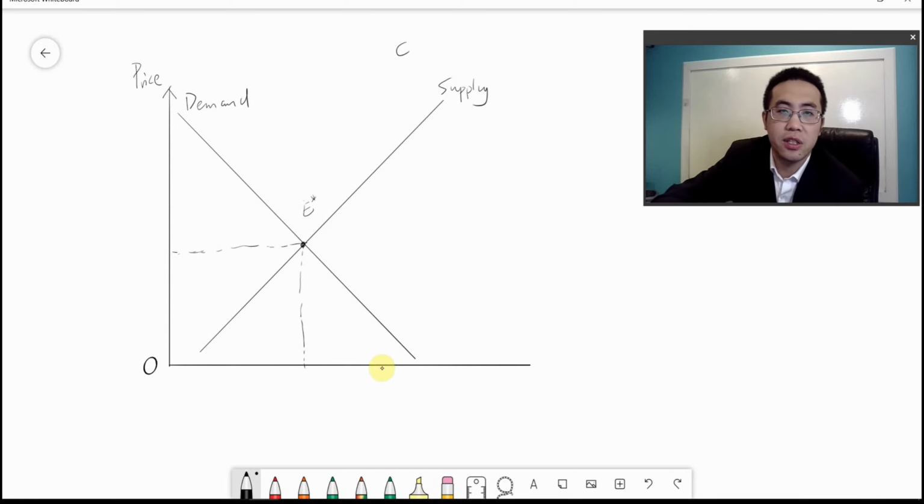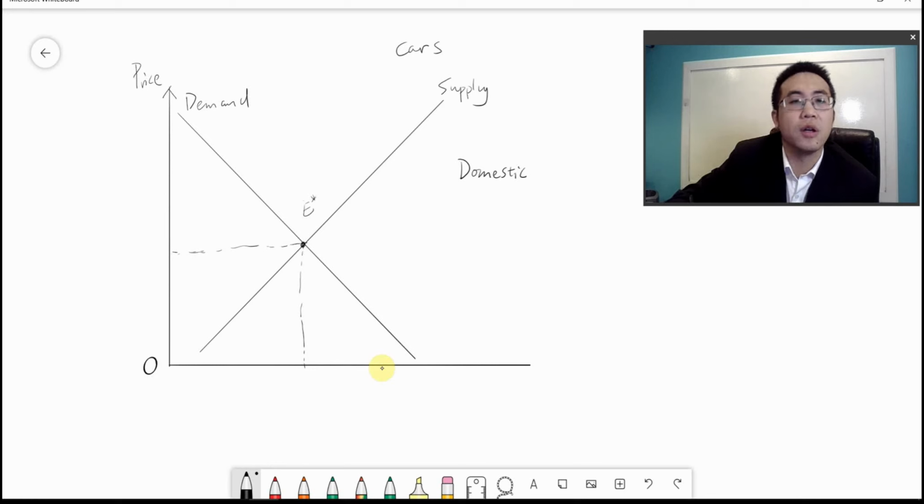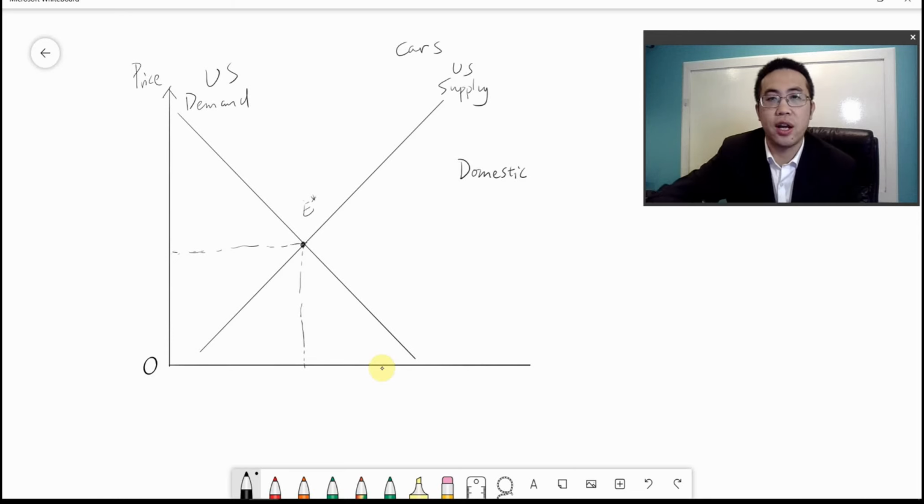Let's say this is the product of cars. This happens only in our own country, domestically. So you have a U.S. demand and U.S. supply for the car market when there are no challenges from international competitors.